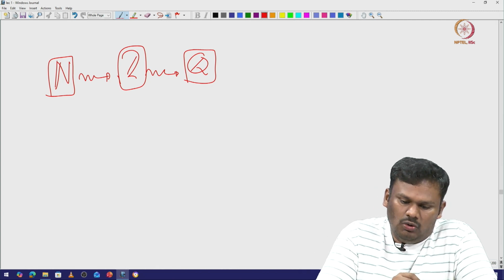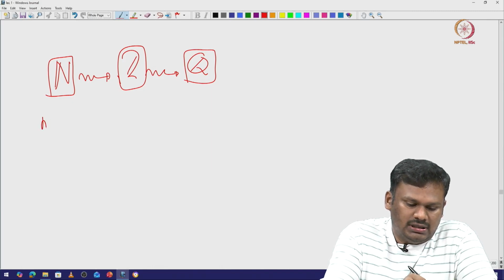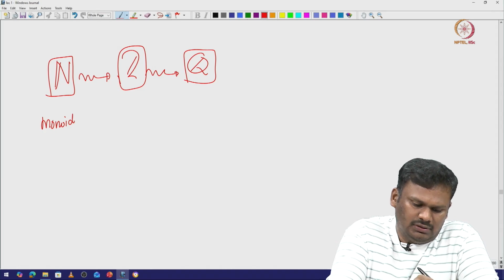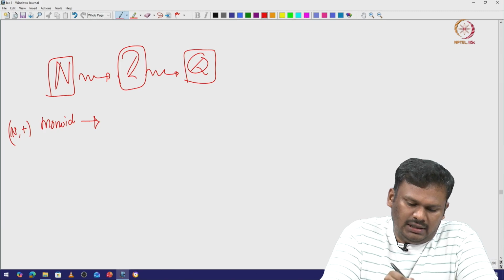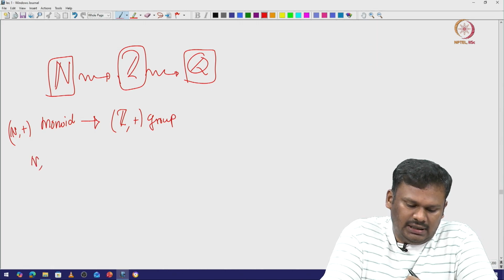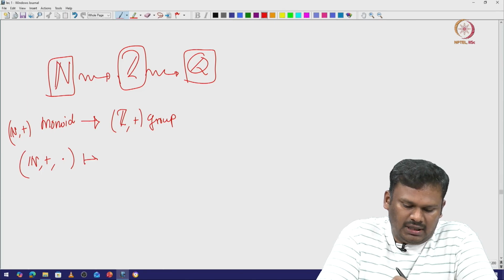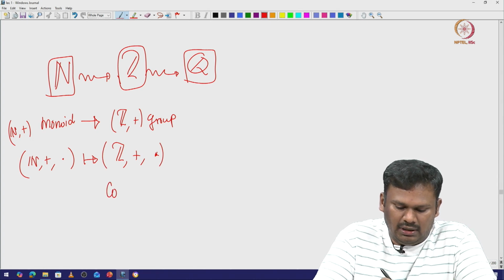In more technical terms used in algebra, the natural numbers are a monoid with respect to addition, and if we complete this, what we get is a group, and if we take this with multiplication, what we get is a commutative ring.